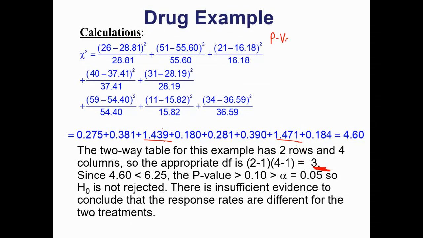So for the p-value, we calculated earlier that degrees of freedom were 3.